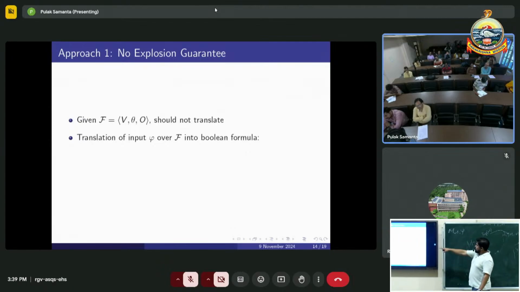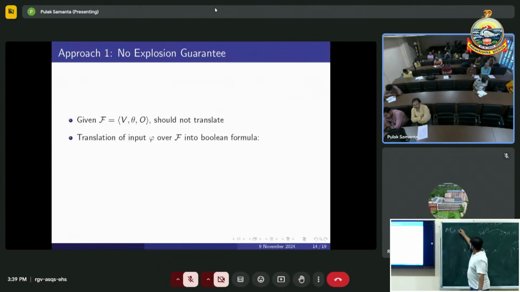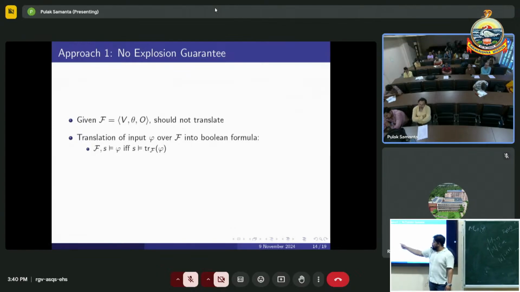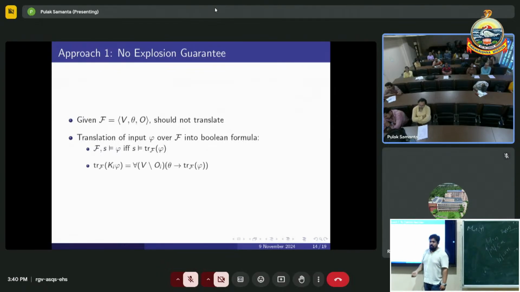So you are translating the input formula phi, with respect to M or F, whatever you call it, into a Boolean formula. And the correctness is this: the pointed Kripke model should satisfy phi if and only if the valuations satisfy this translation of phi with respect to F. I'll come to a very small example: how do we translate, say, K_i phi with some F, which has been represented in that knowledge structure?